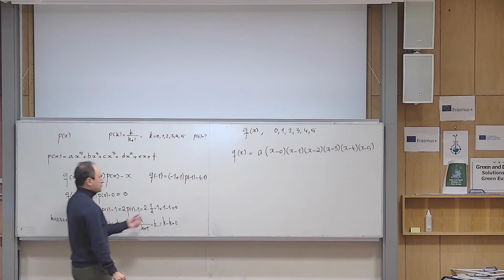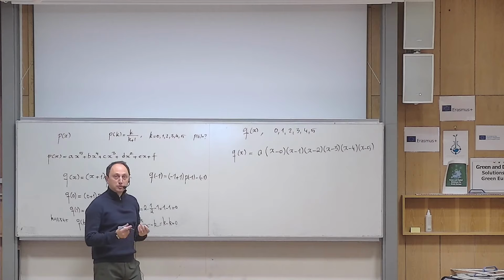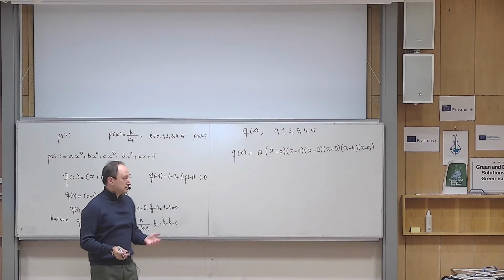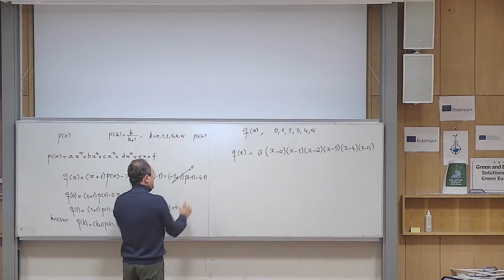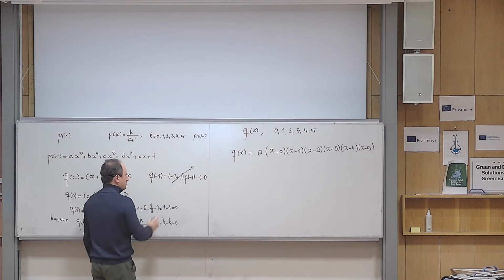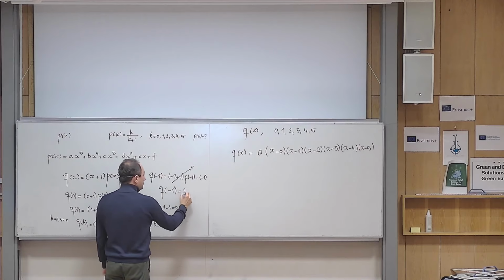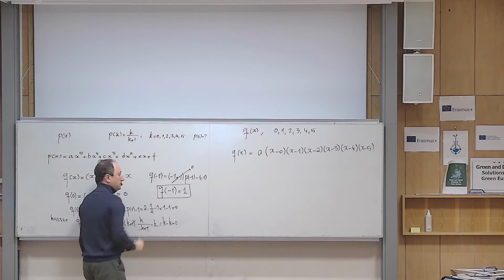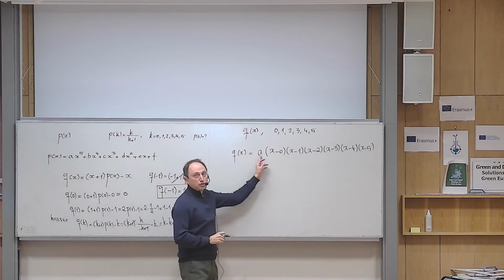Do I know p of minus 1? No, this is not given to me. But the good news is that I don't even need it because minus 1 plus 1 is 0. So this becomes just 0, and minus minus 1 is plus 1. So using this trick, I extracted another piece of information needed to fine-tune this last unknown a.